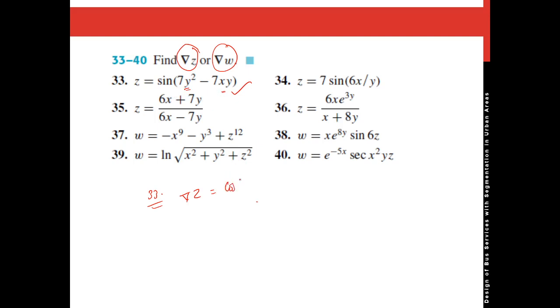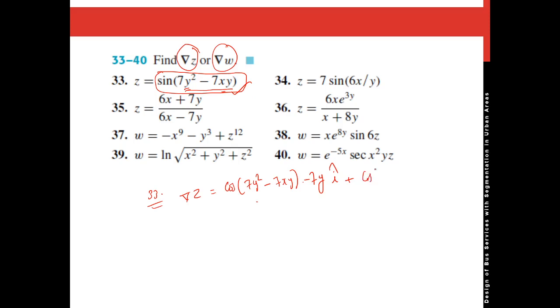So cos of 7y square minus 7xy into the derivative of this with respect to x, which is minus 7y, i, plus, now we will differentiate with respect to y.